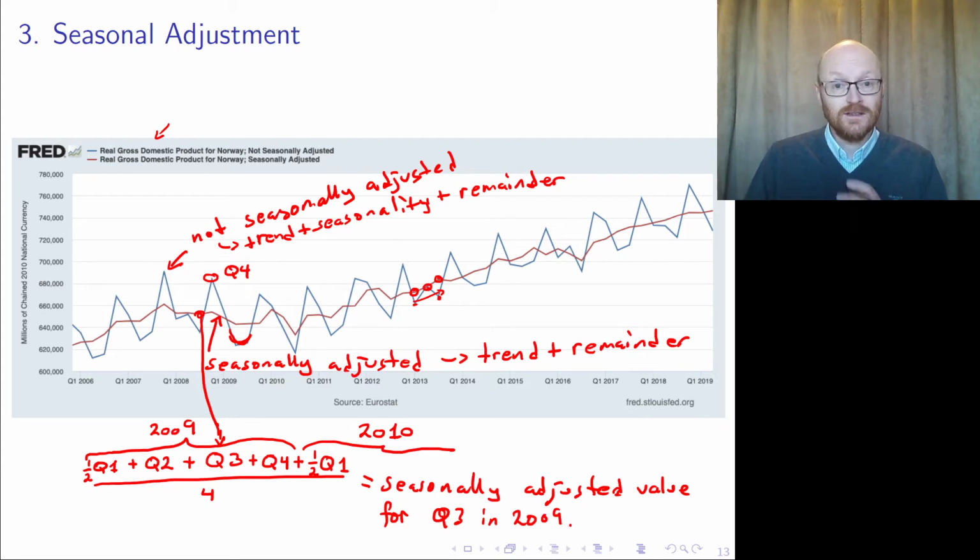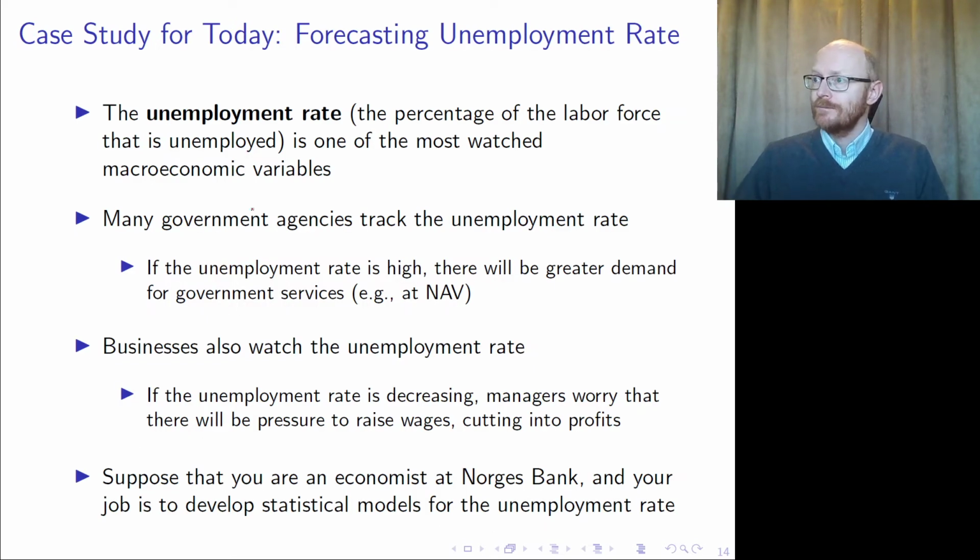So that's how you could have a smoothing function which uses future and past information to make a deseasonalized time series. Okay, so now let's get on to forecasting the unemployment rate.